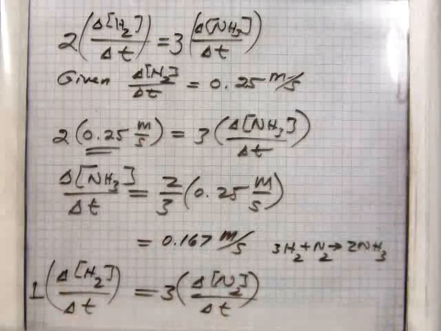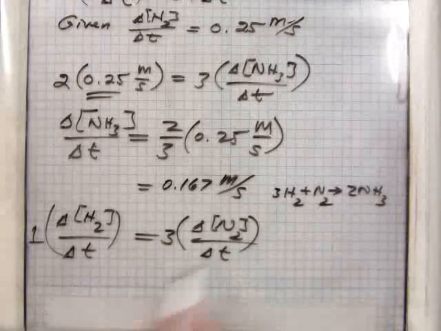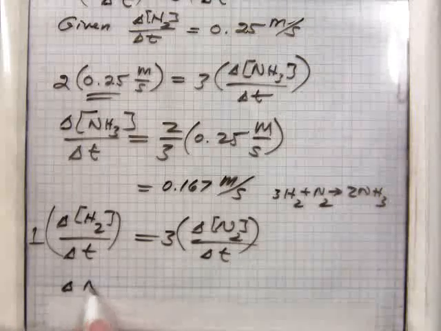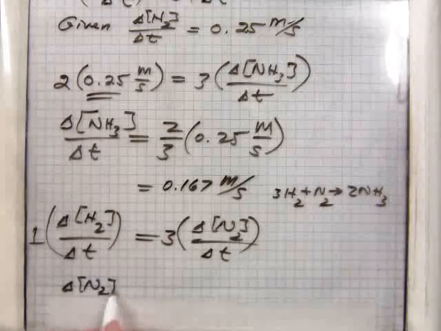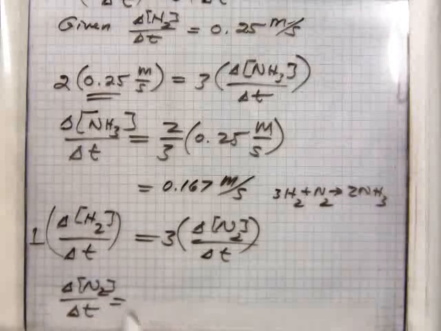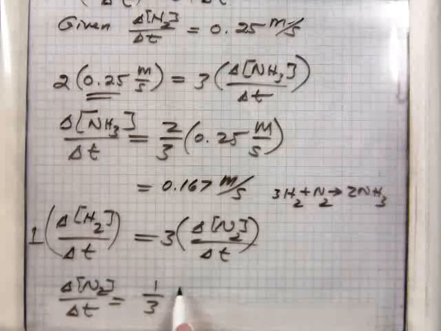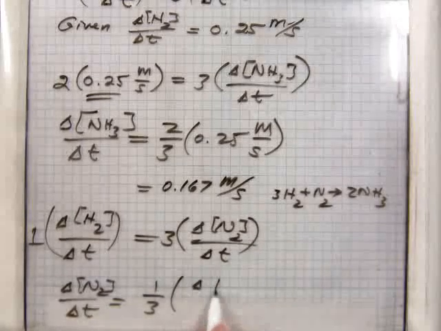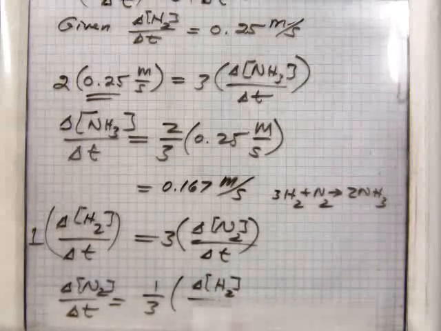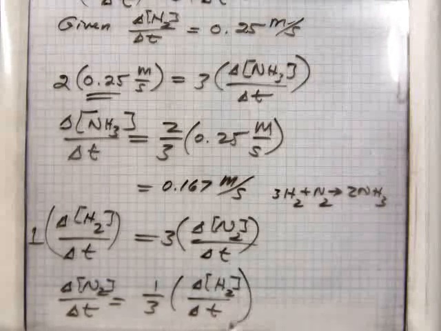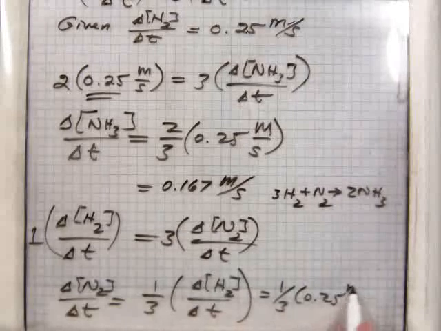Now you can calculate the change in nitrogen over change in time, which is 1/3 of the change in hydrogen over change in time, and that's 1/3 of 0.25 molar per second.